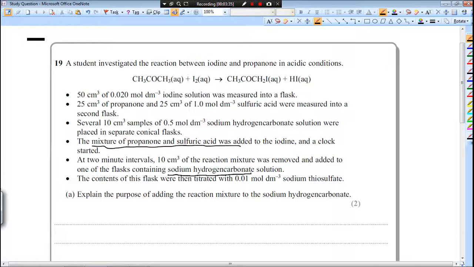The contents of these flasks were then titrated. Later on, we have titrated these samples with sodium thiosulfate.